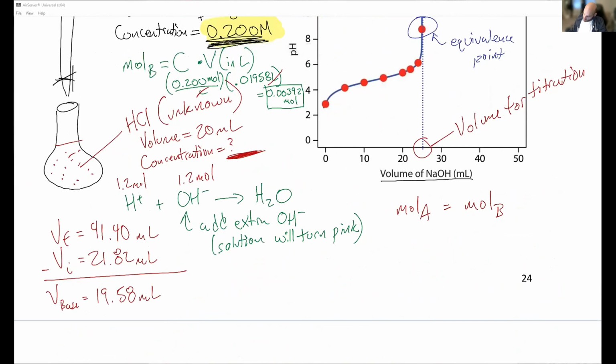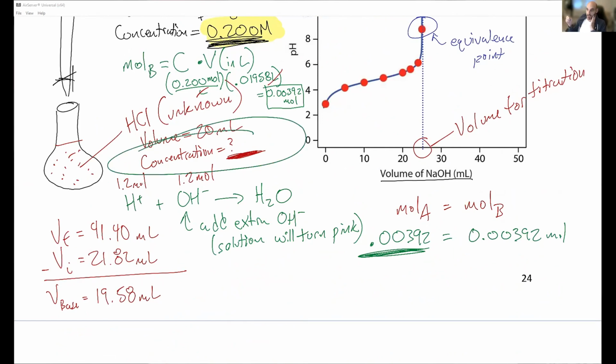0.00392 moles of base. But because it's a 1-to-1 ratio, I know that my moles of acid are also going to be 0.00392. Okay, great. So back to the original question, what was the concentration of my acid?